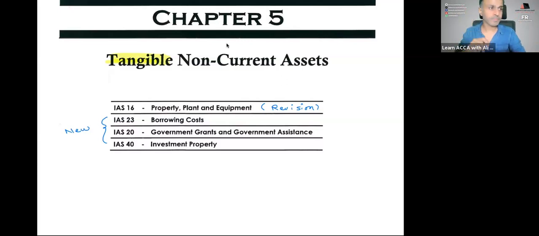Second reason, this IAS 16 is the entry point to this course. Many next standards, which we are planning to work on in all the weeks to come, not just in this chapter, even chapters 6, 7, 8, and many next, are based on this.